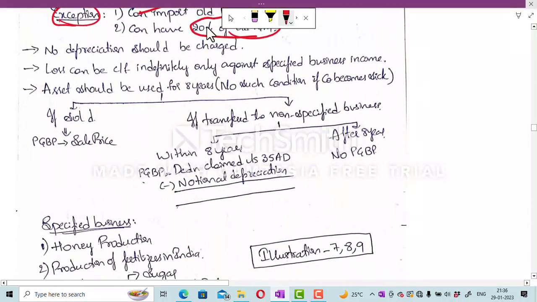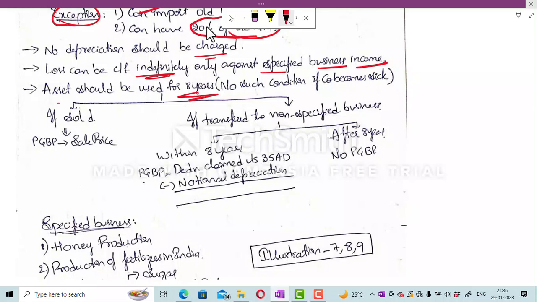Okay, no depreciation should be charged, because we have already taken a 100% deduction of that cost, no? So now no depreciation should be charged. And loss can be carried forward indefinitely, but can be set off only against specified business profit income. And assets should be used for 8 years.